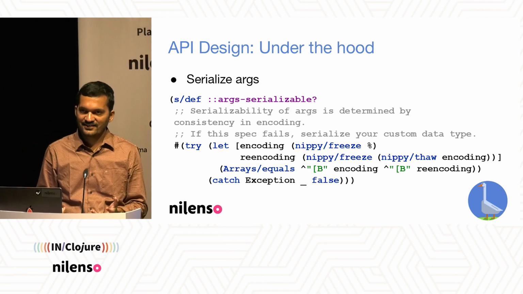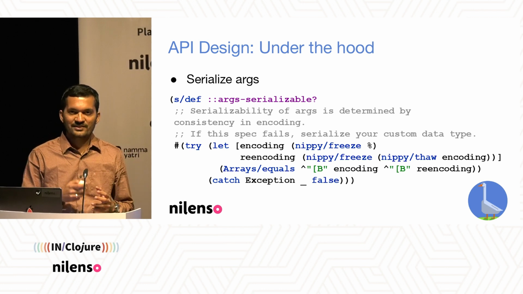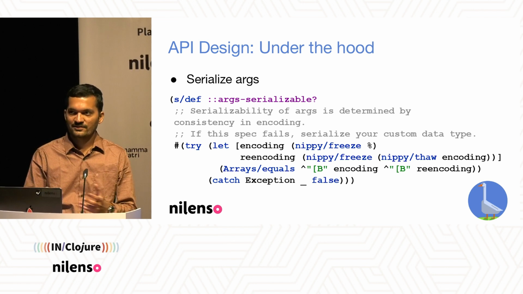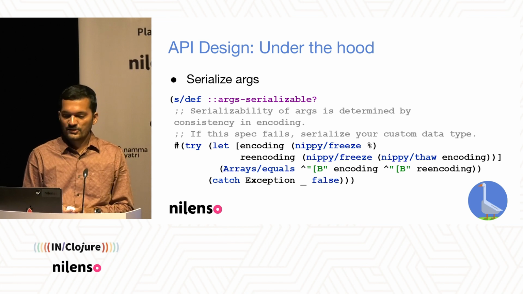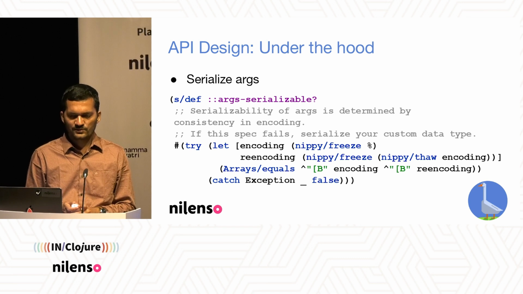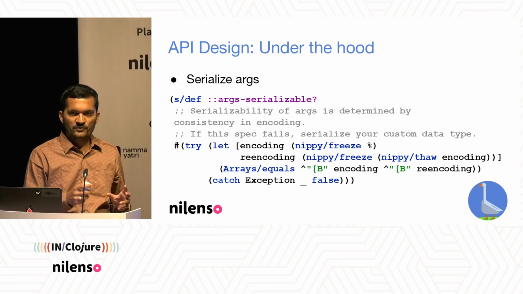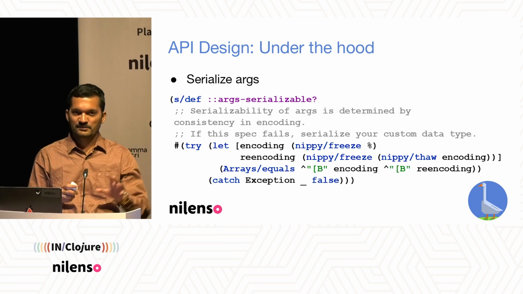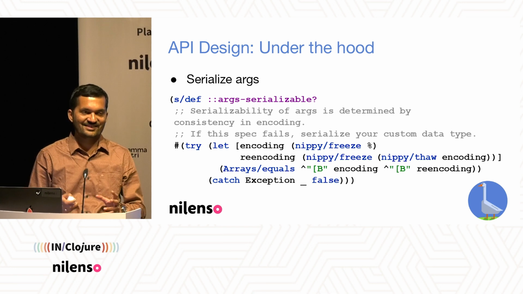Then we serialize the args. Now, one interesting thing was, what if some argument is not serializable? It can be an object or some in-memory data. So how do we do validation on serialization?